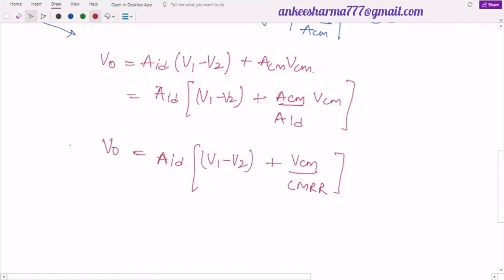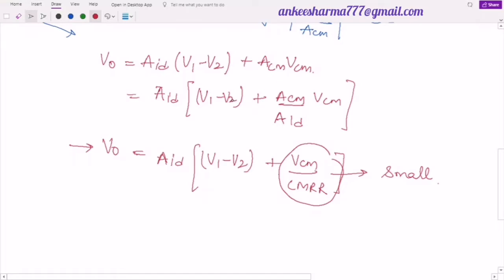So for my output voltage to be almost equal to AID into V1 minus V2, or simply the differential gain into the difference of the two input voltages, I want this term to be very small. I can't change the value of VCM, because VCM is the voltage that I am applying.